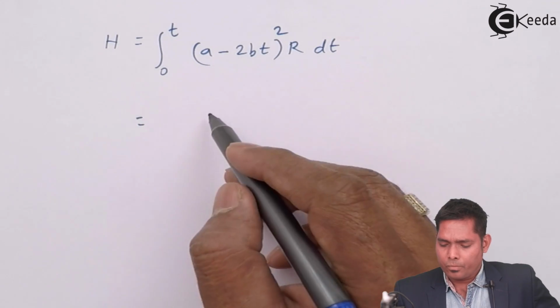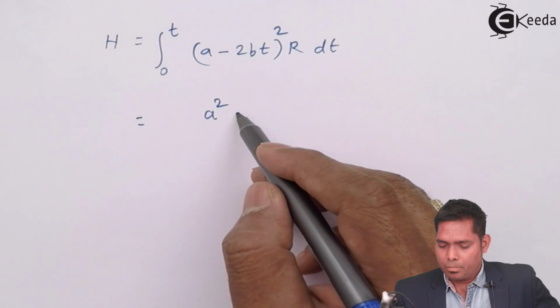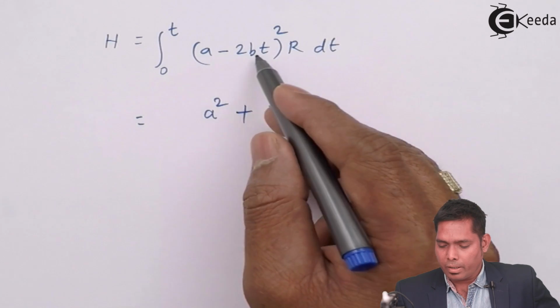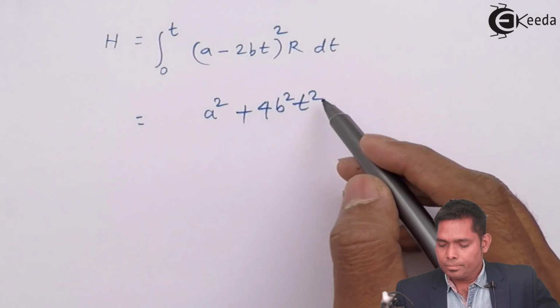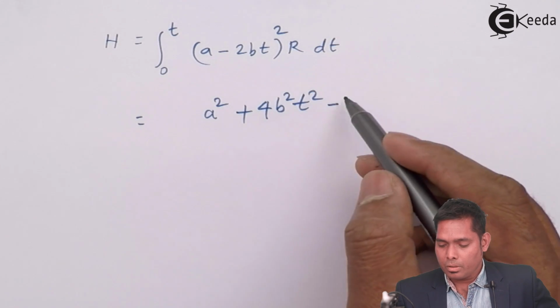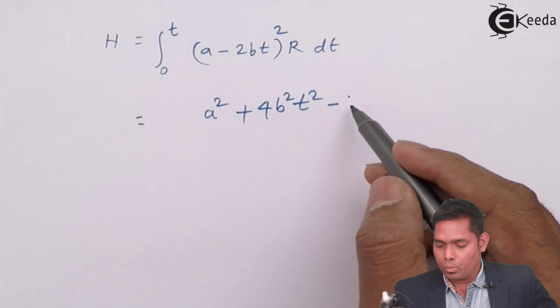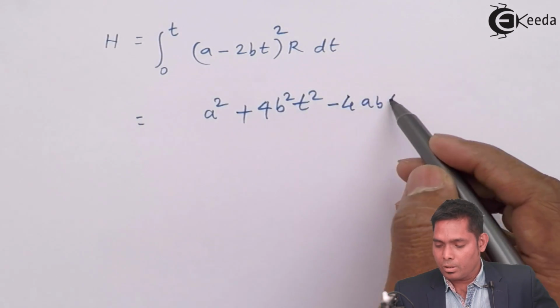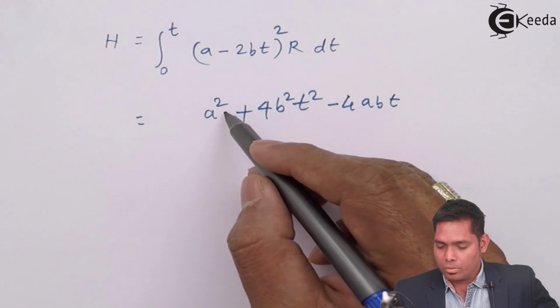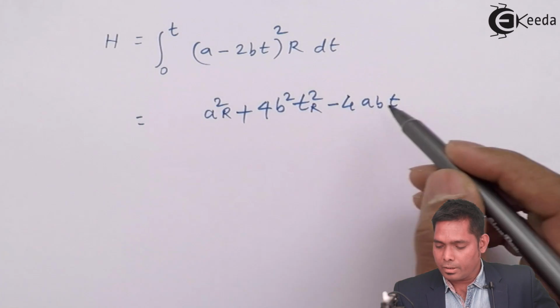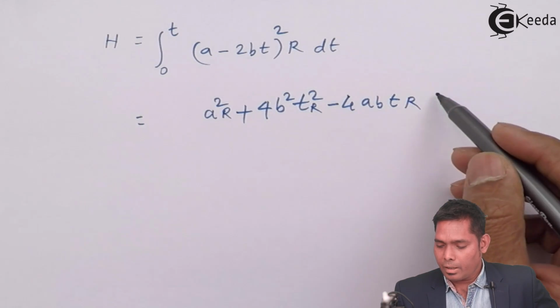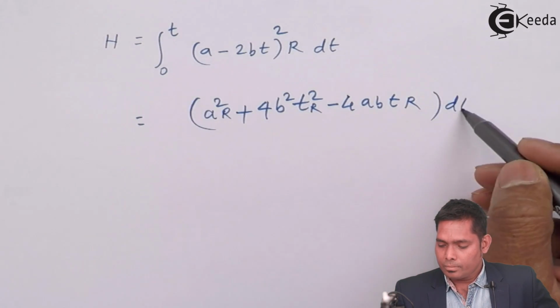This is A square plus B square, that is 4 b square t square, minus 2ab, that is 4abt, into R, so there will be one R here, R here, R here, and dt.